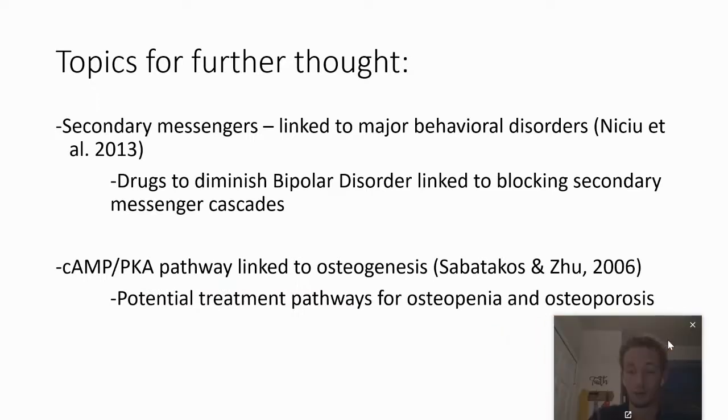A few other resources that you can check out in response to secondary messengers. They're actually linked to major behavioral disorders such as bipolar and manic depressive. This is because these secondary messenger cascades are being over-amplified, so you get a stronger stress reaction at certain times, and then other times it's down-regulated, so that's where that manic depressive state comes in.